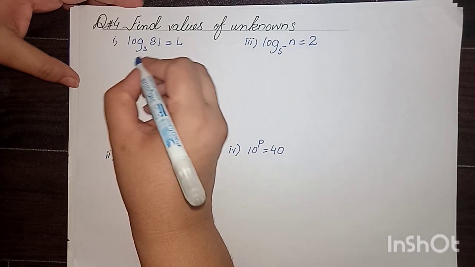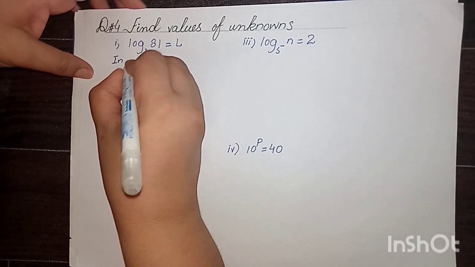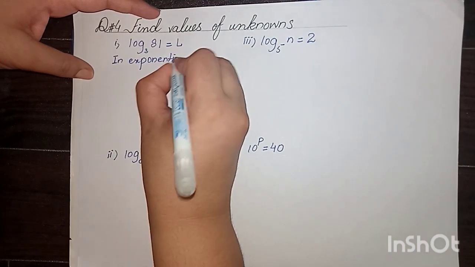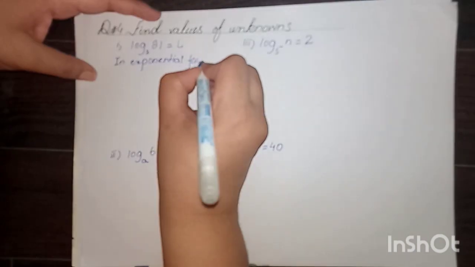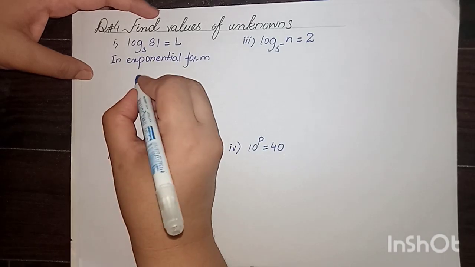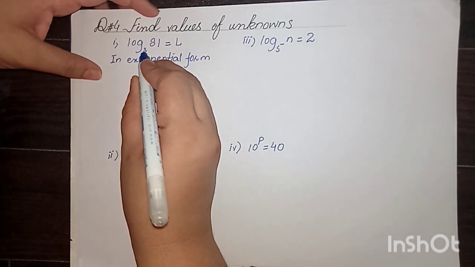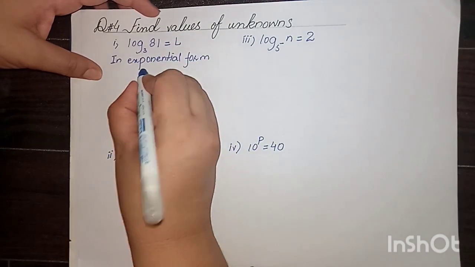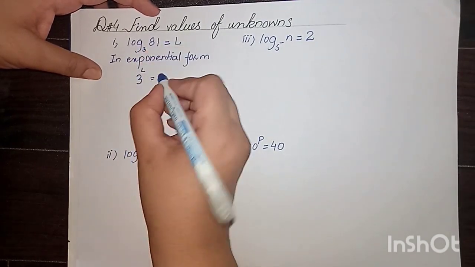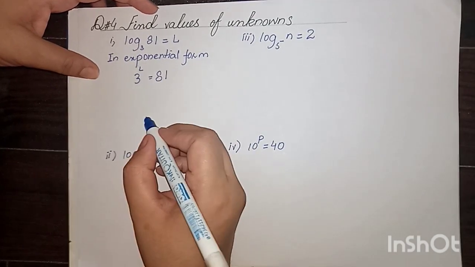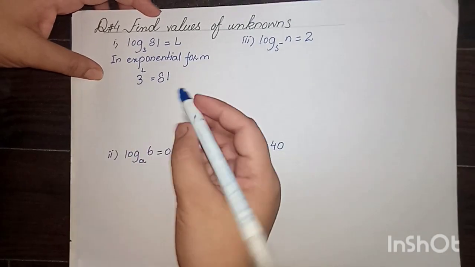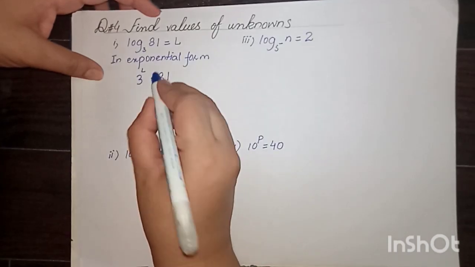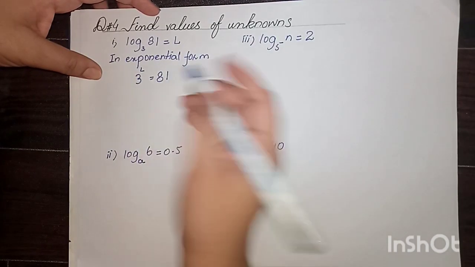So I will write in exponential form. This is equal to the base. First of all, we will write the base, then the power, and then this 81. This is the exponential form. So we will find the factorization of this 81.